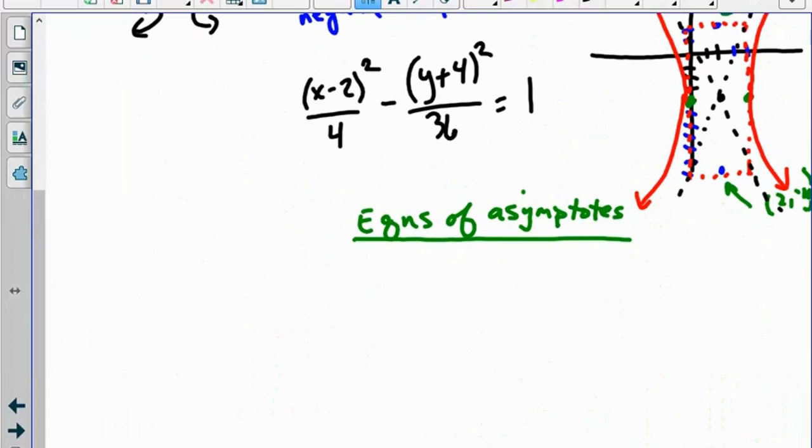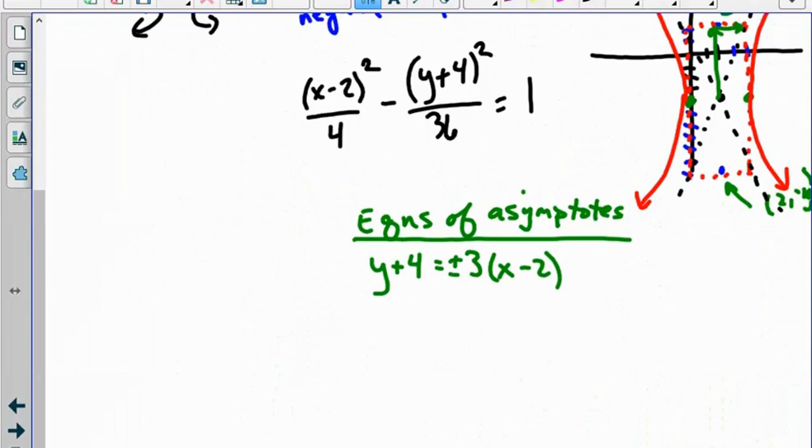Well, the center of this was at negative 4 for the y value and 2 for the x value. So we have y plus 4 equals something times x minus 2. If we figure out what the slope of this is, it goes up 6 over 2. So that means the slope is 3. And remember, there are two different equations there. So one's a positive 3 and one's a negative 3.